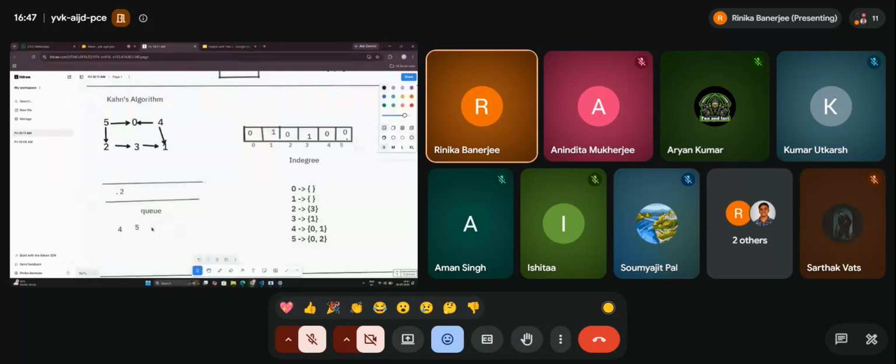So I'll push 0 to my answer. Now 0 is contributing to the in degree of none. See? So I have nothing to do with 0, right? Now I'll pop 2 from here.